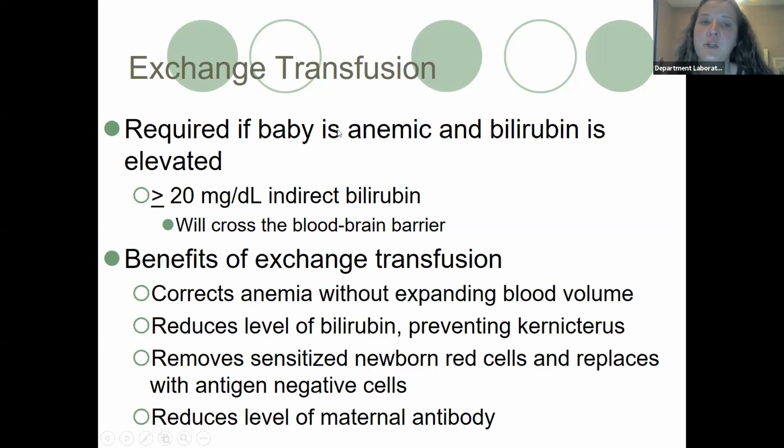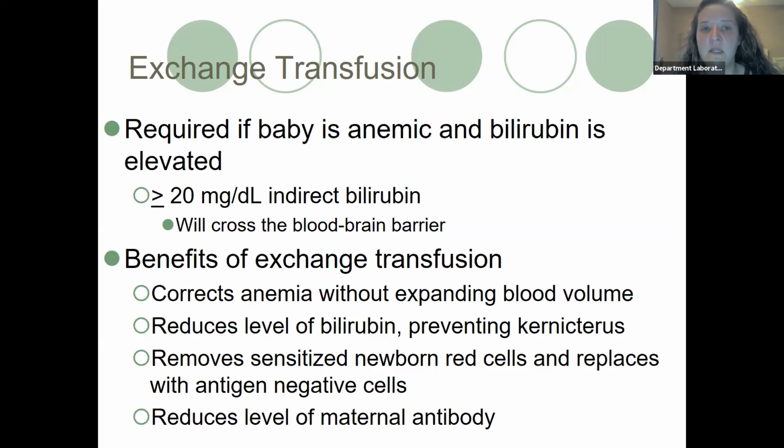All right, so let's talk a little bit about exchange transfusions. In the event that you do have a severe hemolytic disease of the newborn, they might actually do an exchange transfusion where they're going to pull off a predetermined amount of red cells dependent upon the baby's weight, and then they will replace it with donor cells.